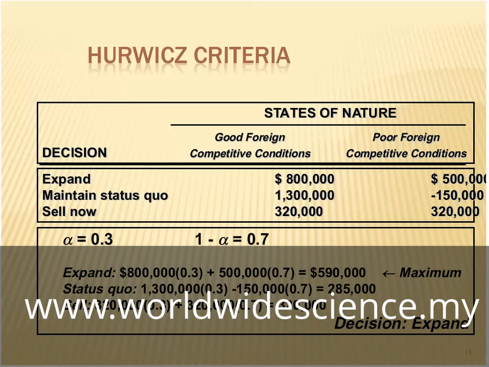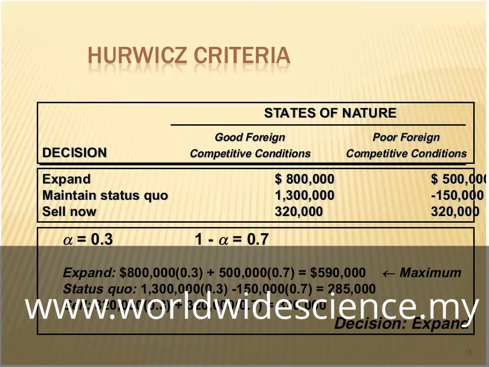So you should multiply each of these numbers by its own state of nature. For example, in expand, 800,000 is in good finding competitive condition, so it should be multiplied by 0.3, and 500,000 in the expand decision belongs to poor finding competitive condition, so it should be multiplied by 0.7.